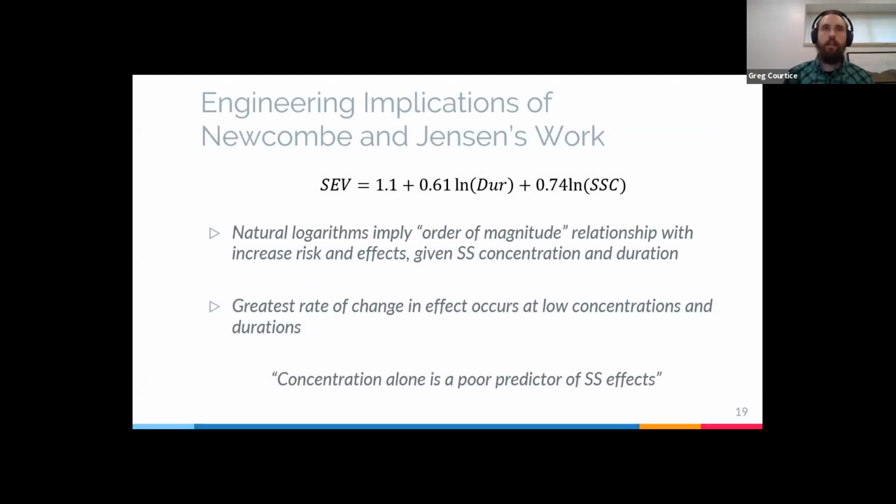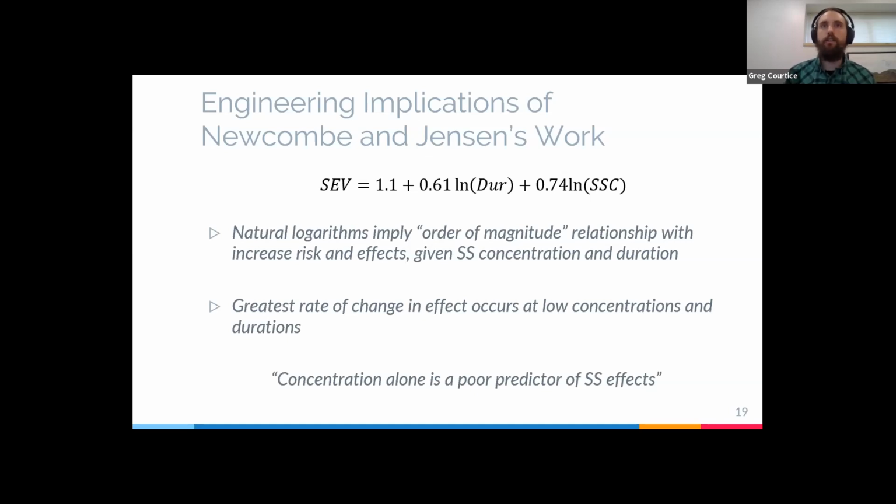So let's look at what this means from an engineer's perspective. Take an engineer's eye to this equation and the relationships here. First off, it's easy to see that we have an intercept and two slope terms, and so we predict exposure risk, or severity of effects, from the natural logarithm of duration and concentration.